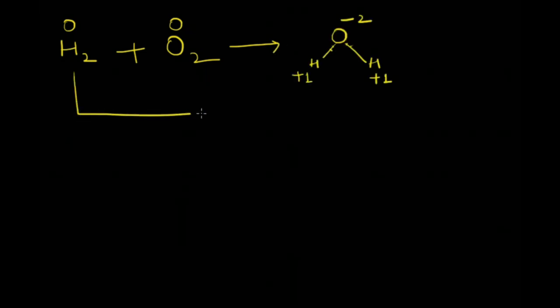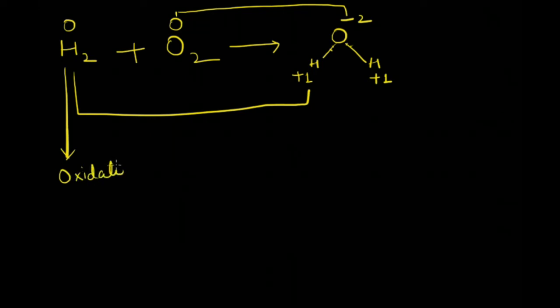So the oxidation state of hydrogen changes from 0 to +1, it increases, and that of oxygen decreases from 0 to -2. Therefore we say that this hydrogen has undergone an increase in oxidation state and therefore it has undergone oxidation. And the oxidation state of oxygen has reduced and therefore it is called reduction.